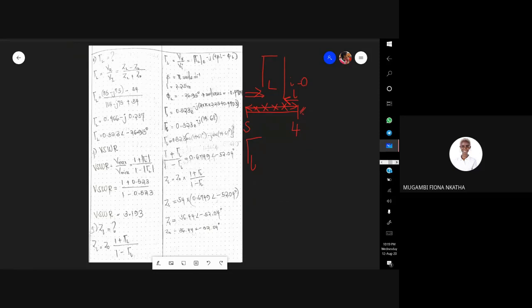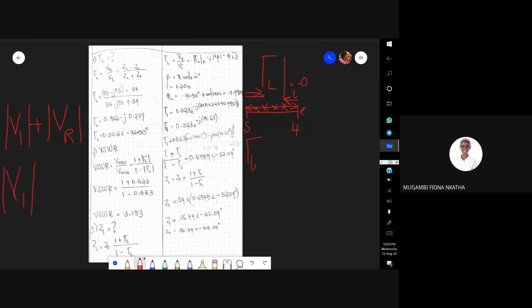When you do this derivation, we know that V max is equal to the magnitude of VI plus VR, and V min is equal to V incident minus the reflected.